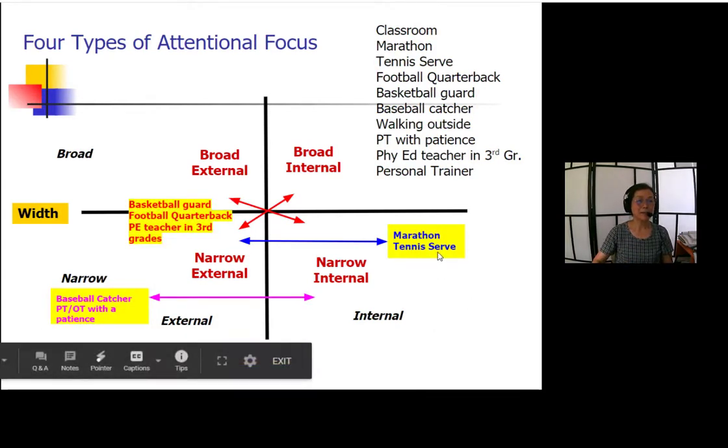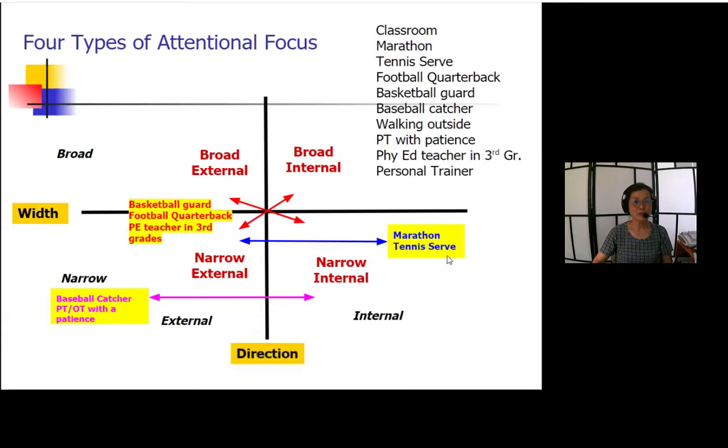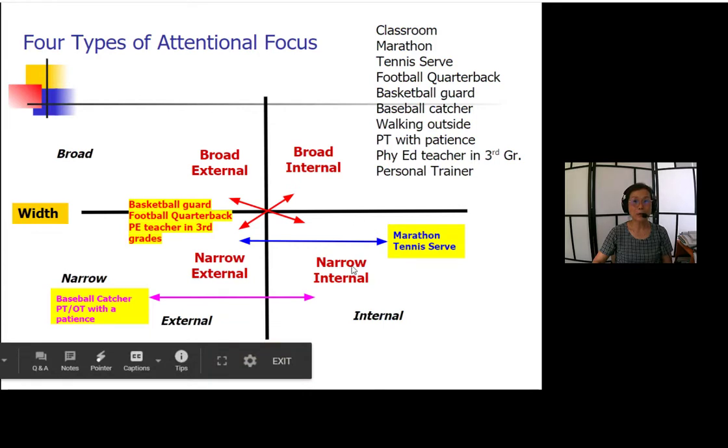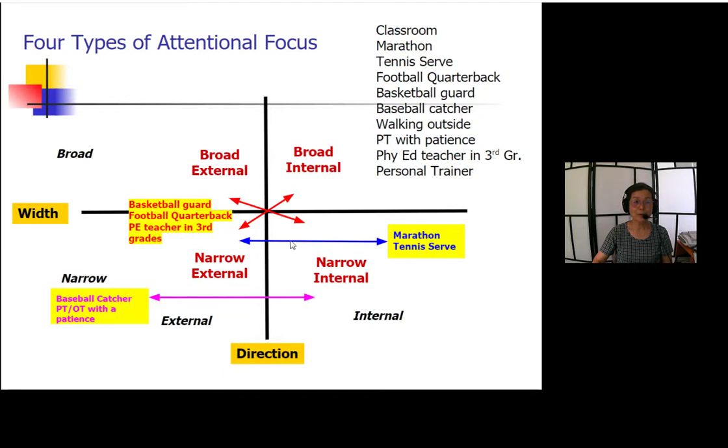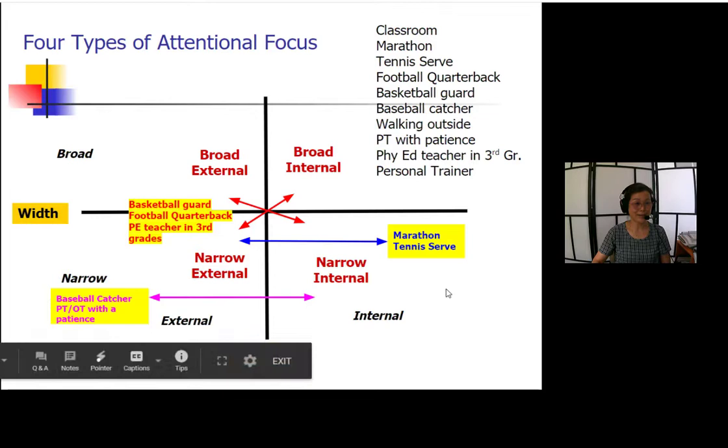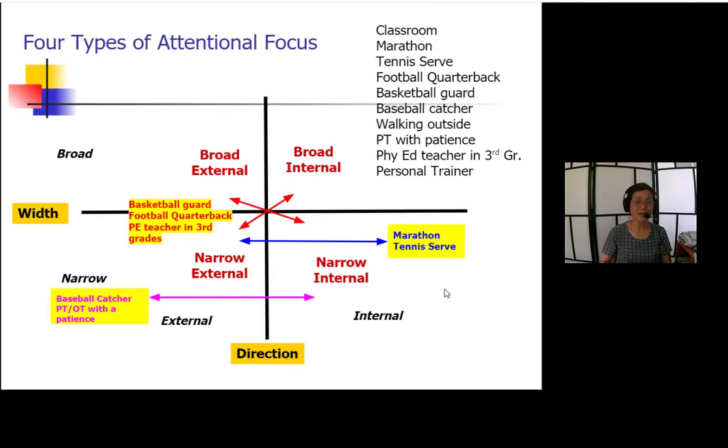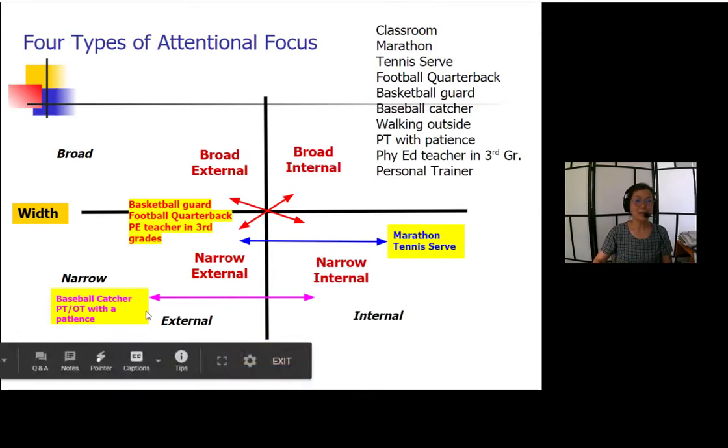So here we go. Marathon, full marathon, 26 miles running, and tennis serve dominantly need narrow internal attentional style. However, once in a while you have to look at the outside, so narrow external, according to the expert. Baseball catchers, physical therapists, occupational therapists, personal trainers with their clients or patients, they need exclusively narrow external back and forth with narrow internal so that they can examine what's going on.